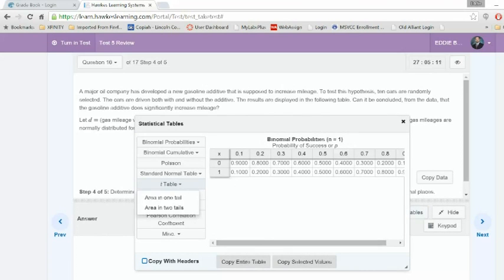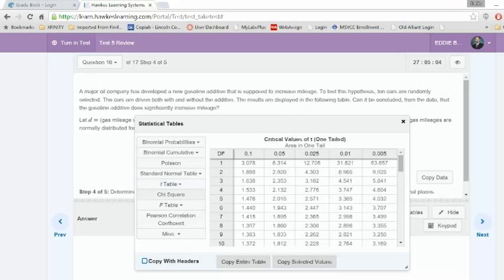And this was, let's see, for greater than, so it's going to be in one tail. We had 10, so our degrees of freedom is going to be 9. And then for the area in one tail we use 0.05. So 9 and 0.05 is 1.833.